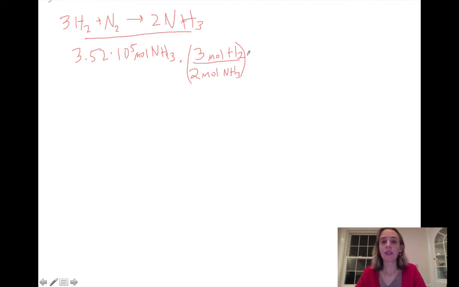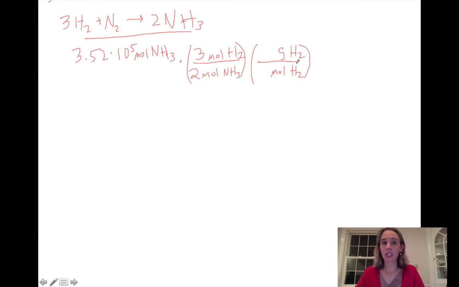Now I could write an equal sign and calculate the moles of hydrogen, but I'm going to show you how to calculate the mass in one line or one step. So I've shown that mole ratio as a conversion factor, and then the next thing I'm going to do is convert that molar amount of hydrogen to mass right here in the same calculation. So we want moles of hydrogen to cancel out, and we want to get to grams of hydrogen.